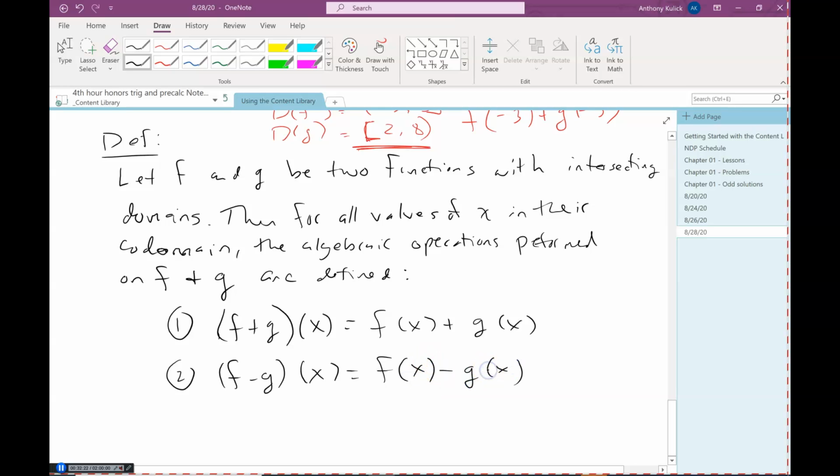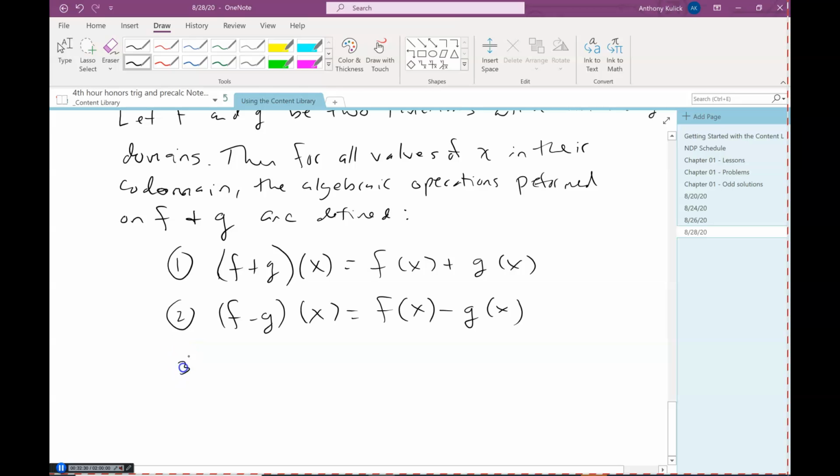Well, that's still just the difference of the two individual functions. How about the product of two functions? Well, again, that's just the product of the individuals.